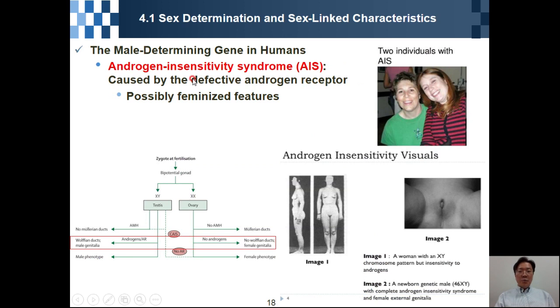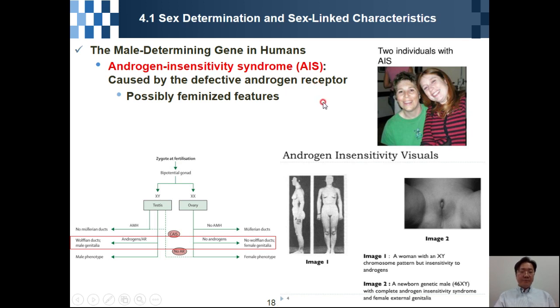In this slide, we will learn about androgen insensitivity syndrome. We call it AIS. It is caused by a defective androgen receptor.